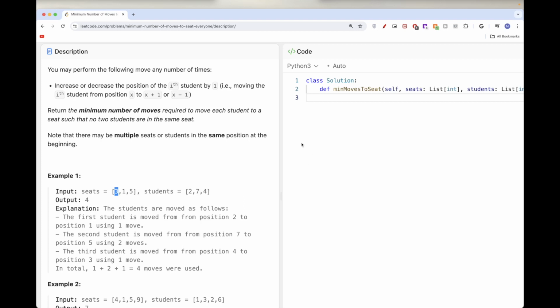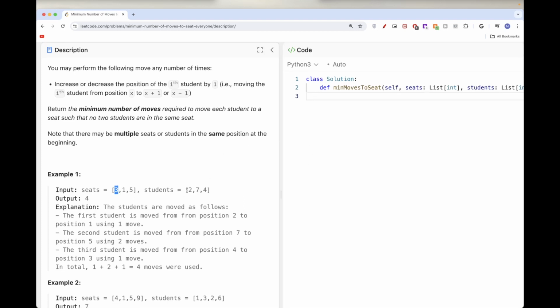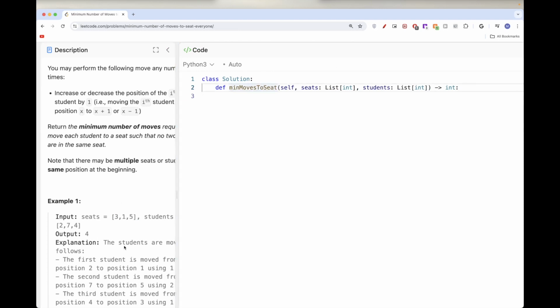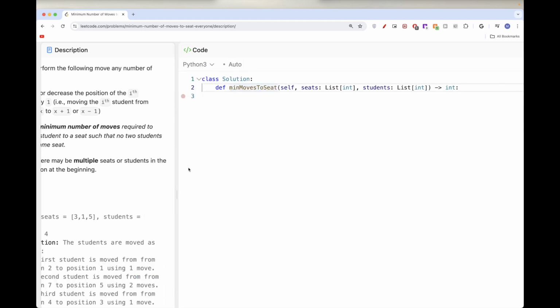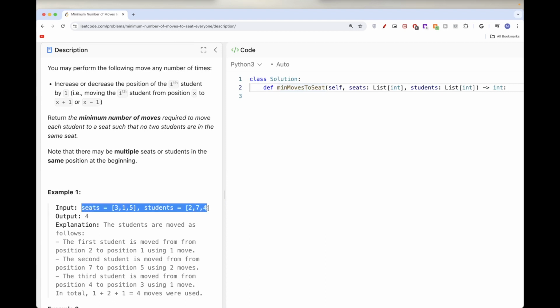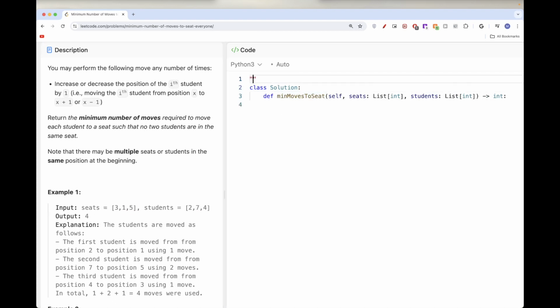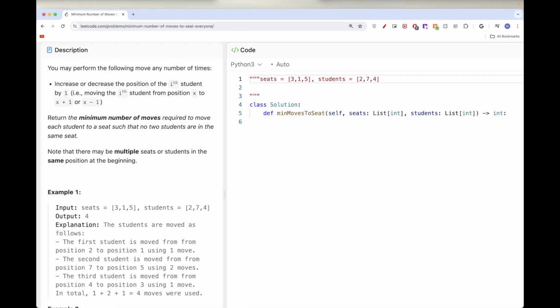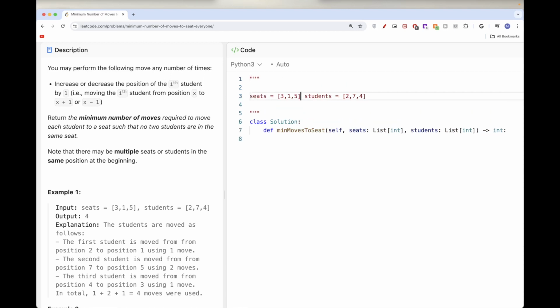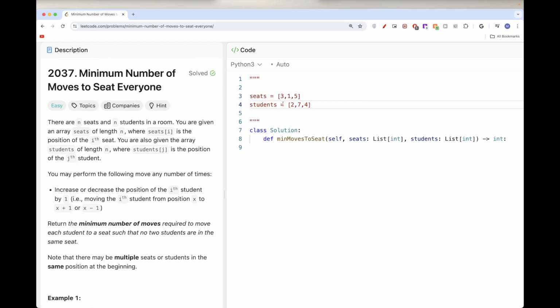Now, how do we do it? Well, the first thing to know is that the positions here need to match the seats. We can't keep this student at position 2 because that seat 2 doesn't exist, right? So what we really want to do, if we take a look at some examples here, for seats and for students, what should we do?